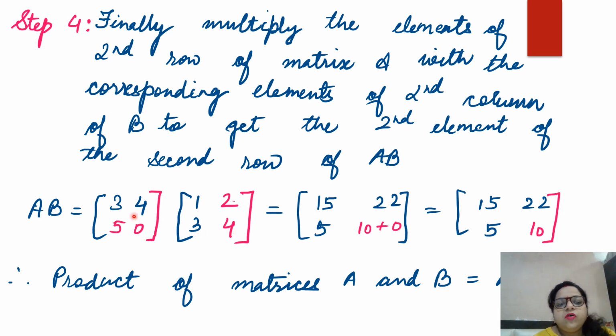You have to multiply the second row with the second column. 5 twos are 10 and 0 fours are 0, so 10 plus 0 is equal to 10. So the last number will be 10. Therefore the product of matrices A and B will be [15, 22; 5, 10], and that will be the answer.